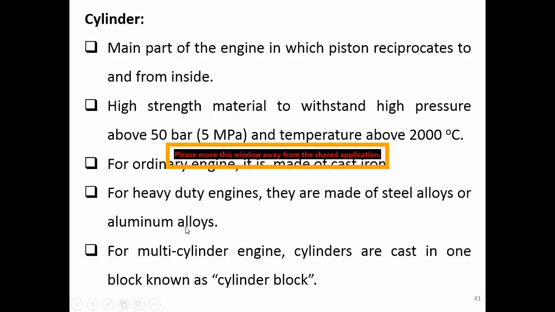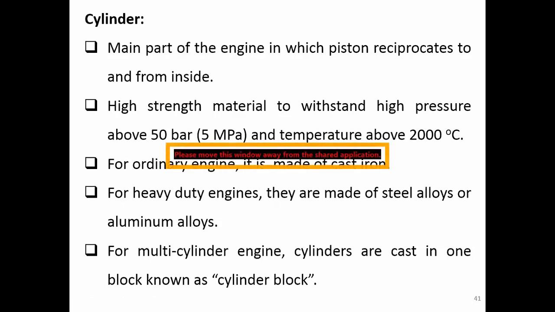And if you have more than one cylinder, which usually happens, most engines have more than one cylinder. When you have more than one cylinder altogether, these cylinders are normally cast in one block known as a cylinder block. They do not cast the cylinders one by one.